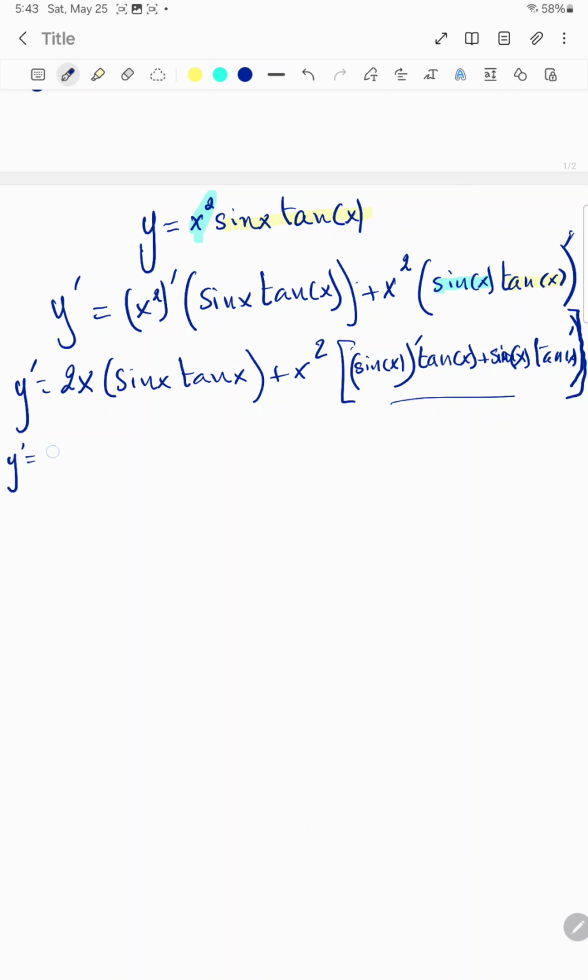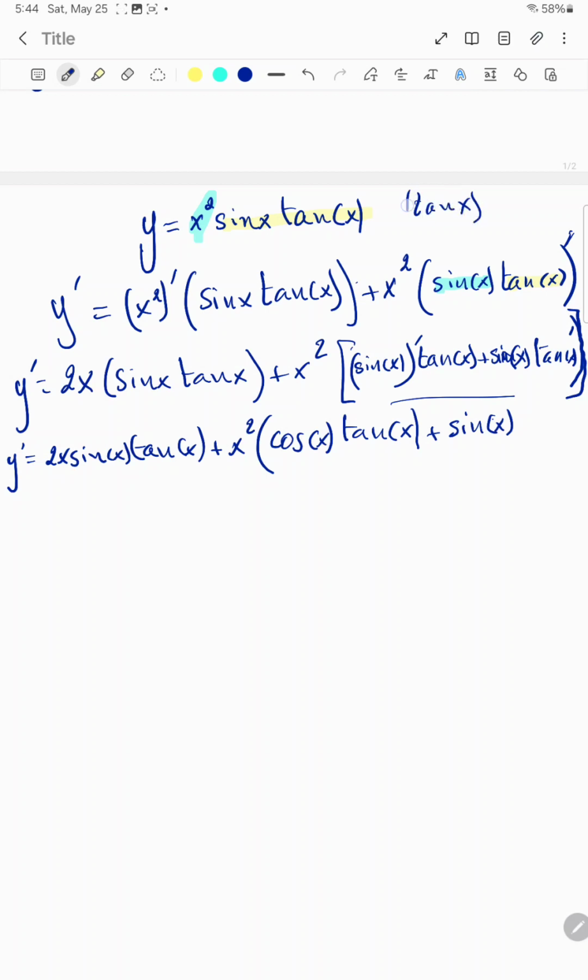So my y prime equals 2x sine x tan x plus x squared, and the derivative of sine is cosine of x times tan of x, plus sine of x, and the derivative of tan of x is equal to sec square of x. So the derivative of tan, let's write it down here, tan of x prime is equal to sec square of x, and that's a formula.